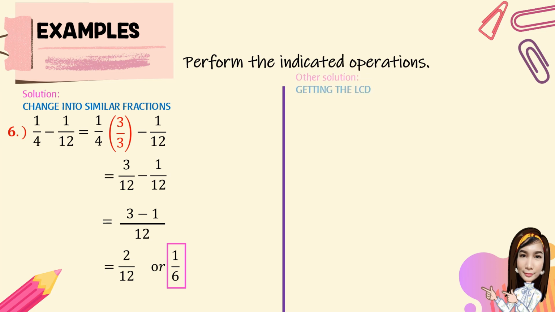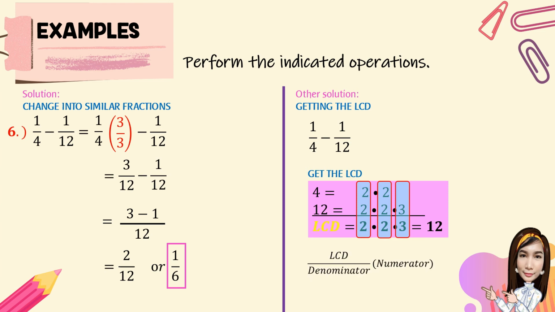For the other solution is getting the LCD because 4 and 12 have a common factor, which is 4. So we have 2 times 2, 4 times 3 is equal to 12 as the LCD. So for the solution, LCD divided by the denominator times the numerator. So we just write the LCD 12, then divide by the denominator 4, that is equal to 3, times the numerator 1.